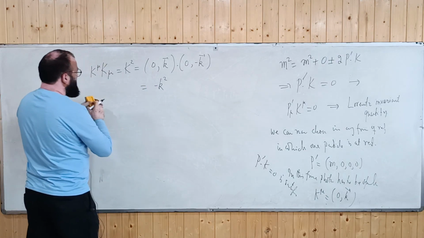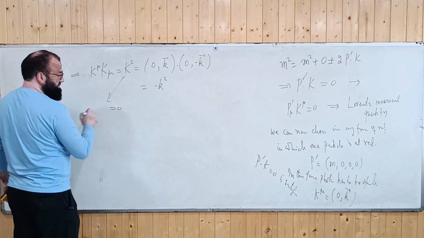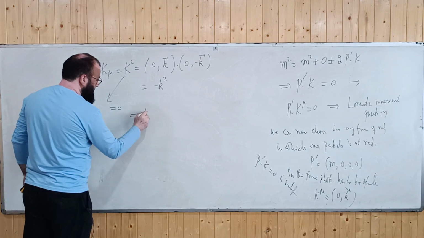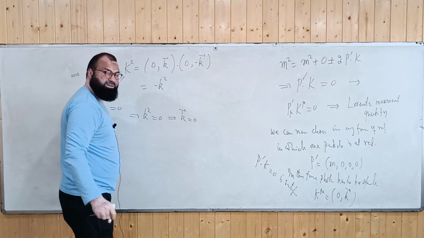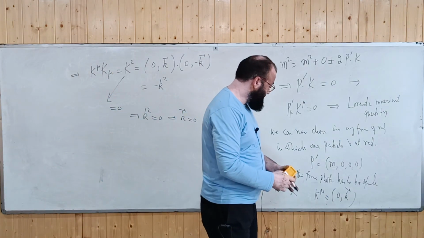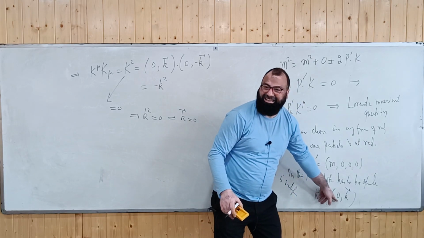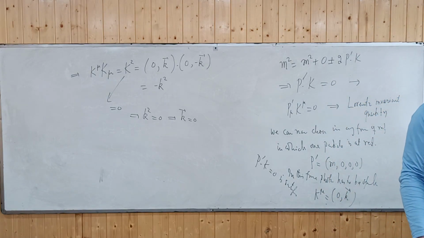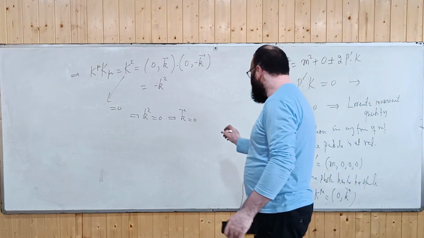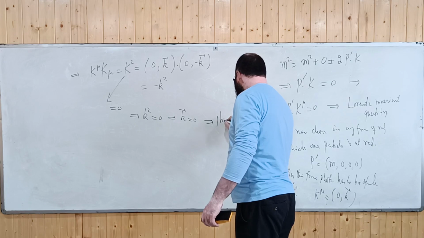Okay, so this object is equal to 0. So what does it mean? k square equal to 0 implies the momentum is equal to 0, since you don't have the energy component here. Now what does it imply? The momentum has to be 0. So that means the photon does not exist. Huh? So it implies the photon does not exist.